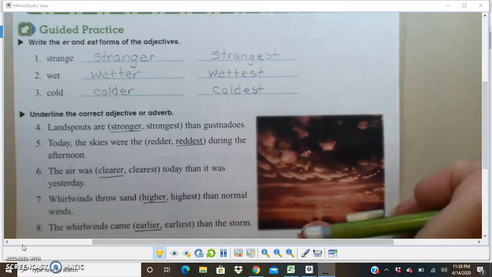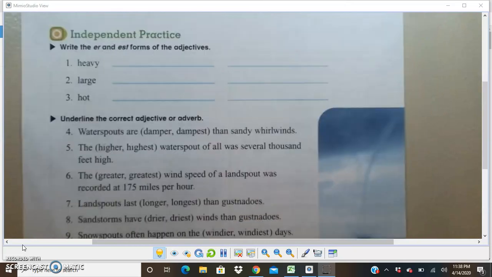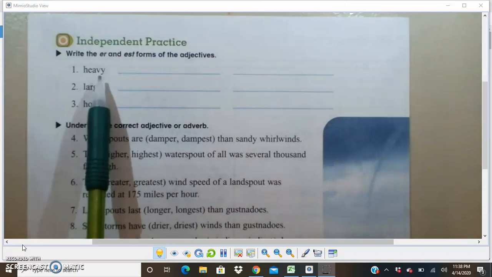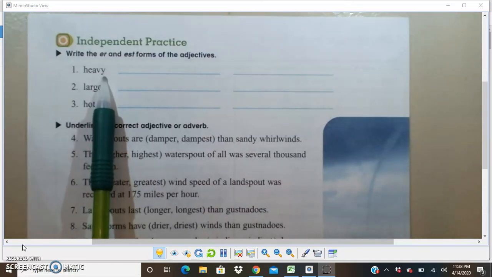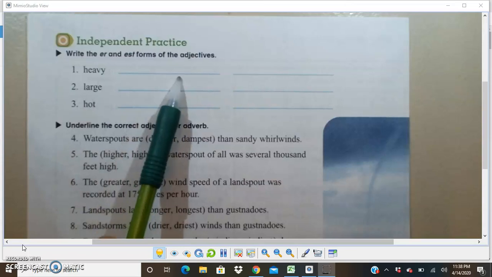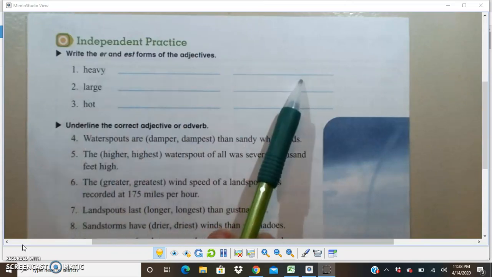So let's flip over to page 240. At the top, you're going to do that same kind of assignment, and I'm going to give you some hints on this section. Number 1, it ends with a Y, and the rule on the front side of this page said if it ends with a Y, you change that Y to an I before you add an ER, and you change that Y to an I before you add an EST.